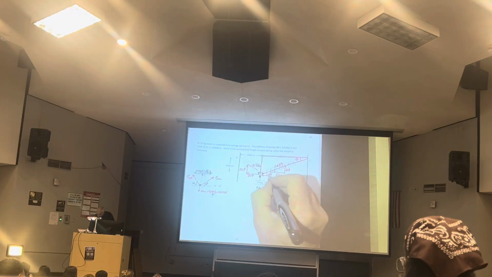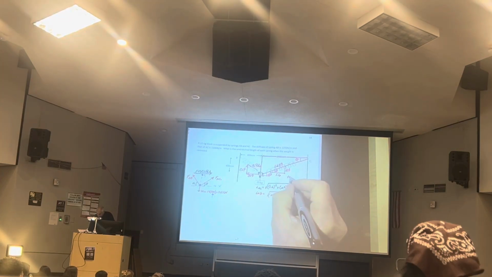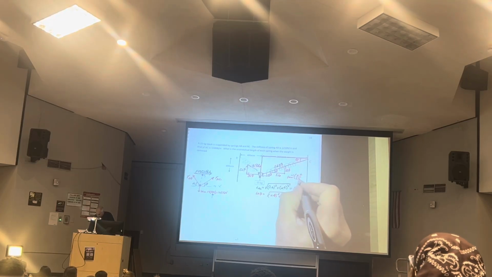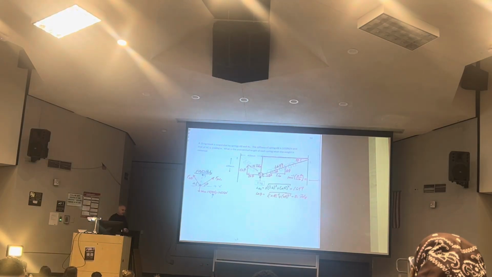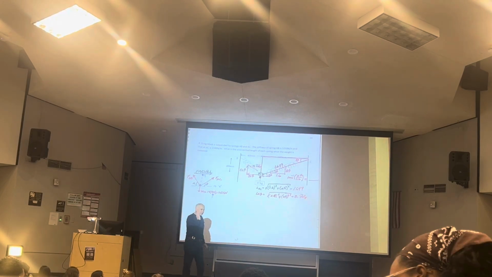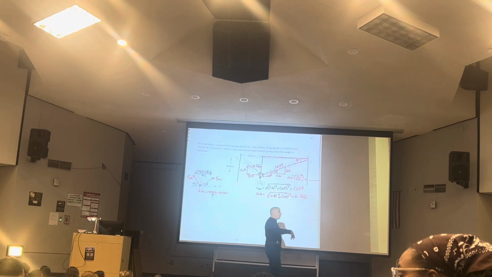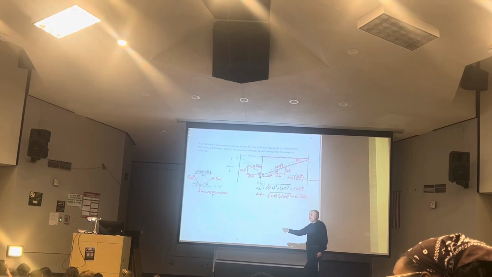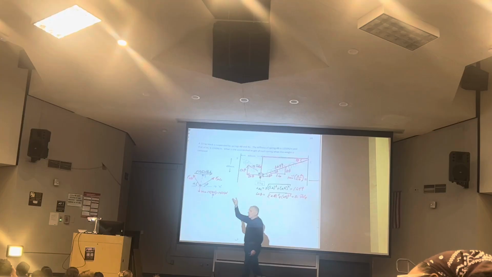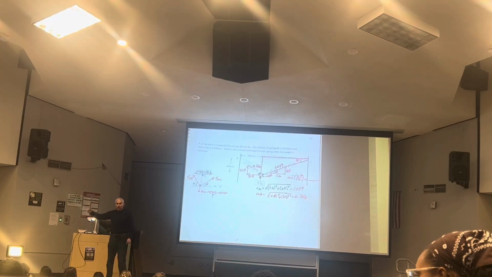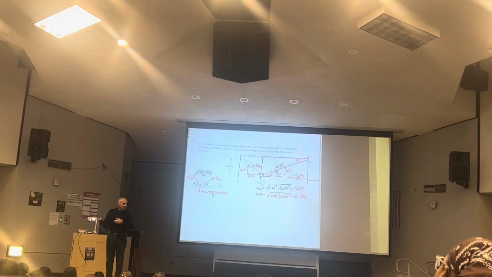Sure, this angle is the same as that angle, and I can say tangent inverse of 0.4 over 1.6. That'll give me the angle, and I can do the same thing on the other side. Correct? But I gotta get you started on dealing with things by using slopes. Because the higher up you go in your classes, the less and less we do angles. We start doing more slope, slope, slope.